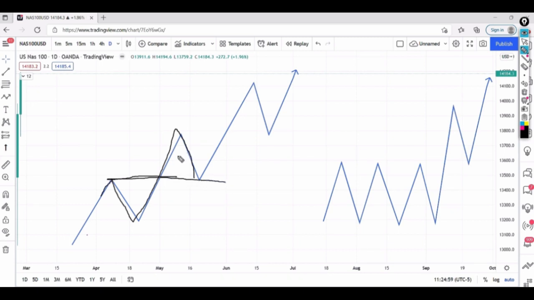So once it comes back to this resistance zone, this resistance has now turned into support, and you can look for buying opportunities because a lot of times it will bounce, and it will create a new high. The same thing goes right here. We broke this resistance, came right back, and we went back up.